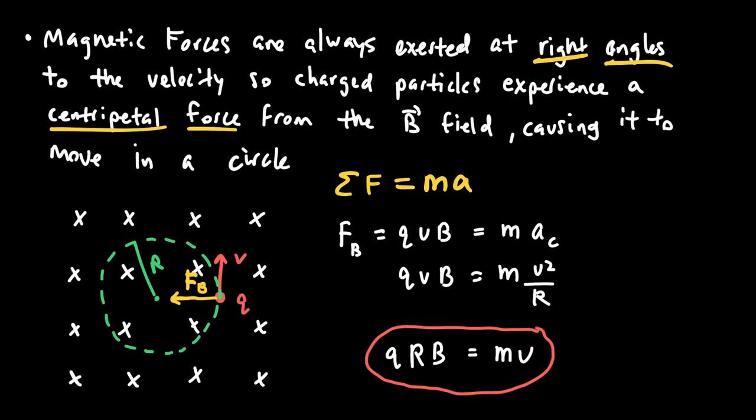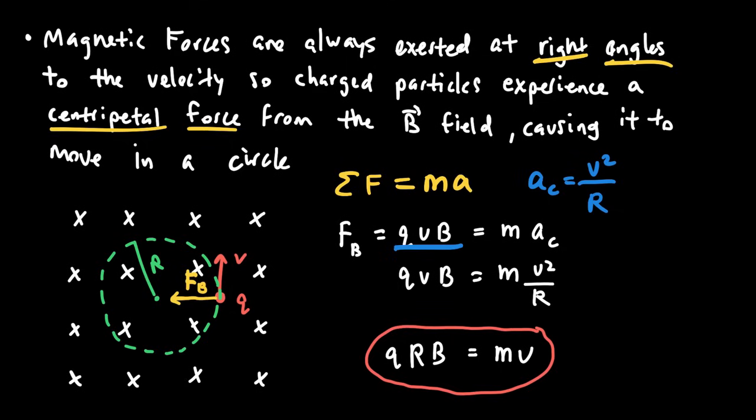If the magnetic force is the only force acting on the charged particle, then the only force we have to write is the magnetic one, which is QVB. That one force is equal to the mass of the particle times the acceleration. And since it's moving in a circle, the acceleration is a centripetal acceleration, which is always equal to v squared, the straight line linear speed, divided by r, the radius of the circle.